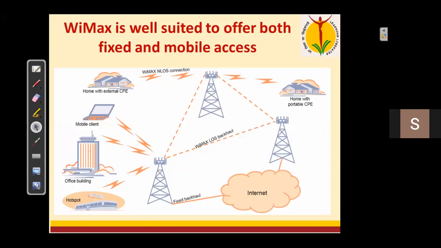This is possible by deploying various base stations communicating with each other, for non-line of sight devices and line of sight devices. By using a hotspot or gadgets with receiving antennas, we can use the signals for the connection between the subscriber and the base station.